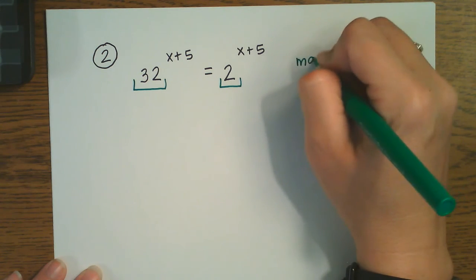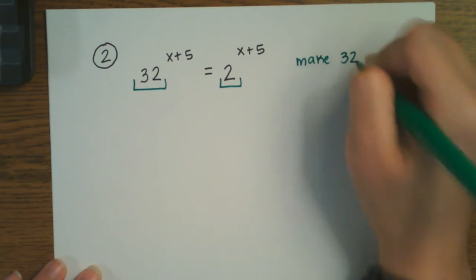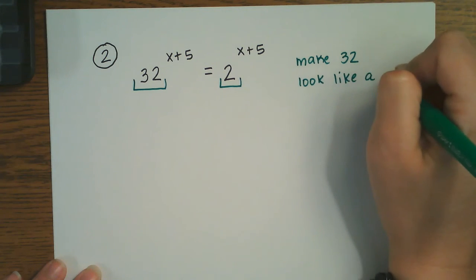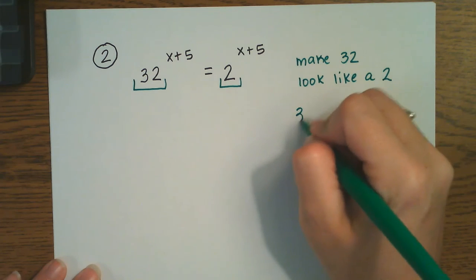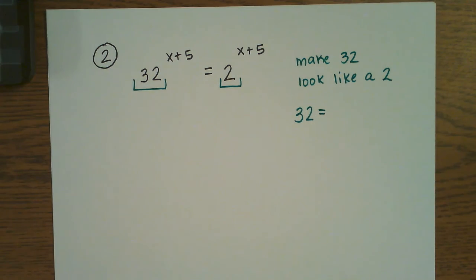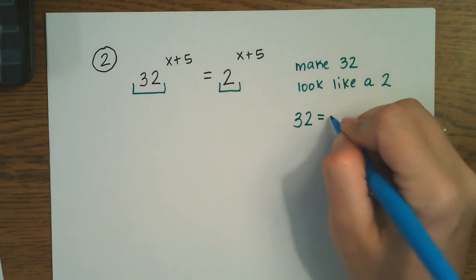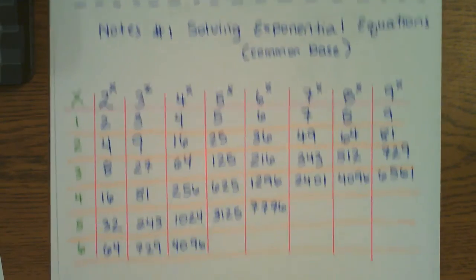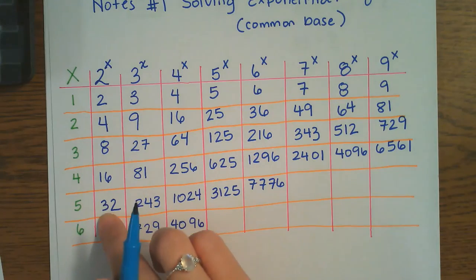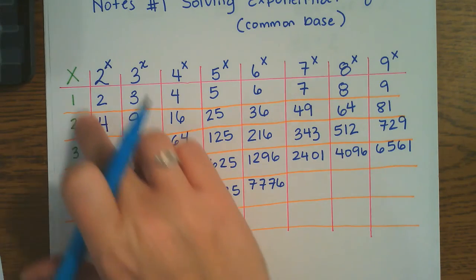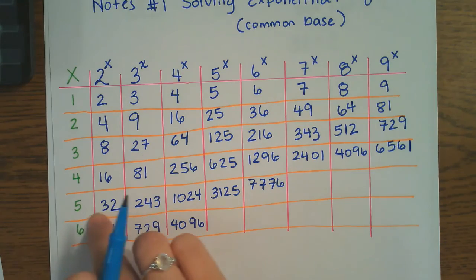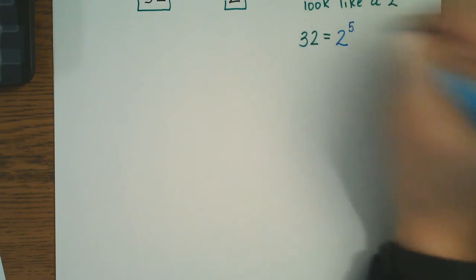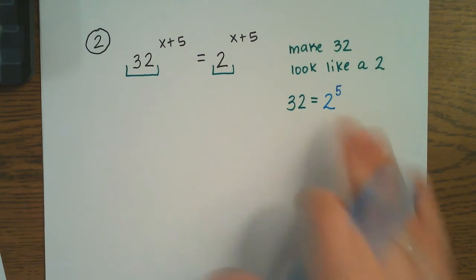I need to make 32 look like a 2. So 32 equals 2 to what power? So you refer to here, so I'm looking in the 2 column. There she is, 32. So that's 2 to the 5th power. 32 is 2 to the 5th power.